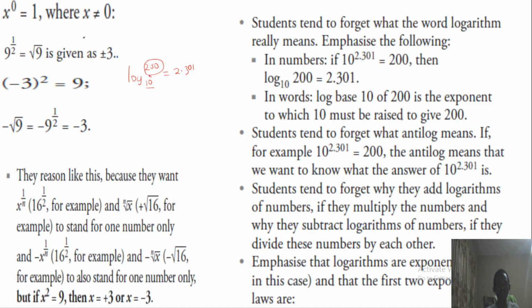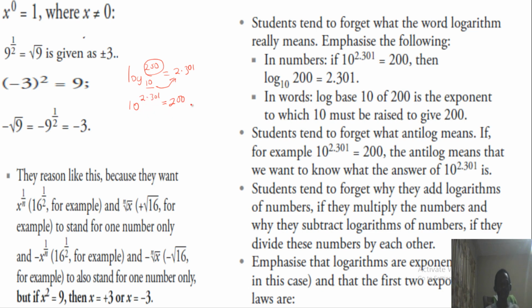Therefore, this base when raised to power the answer, 10 raised to power what you have, automatically will give me 200. And log 200 to base 10 will give me this. Therefore, how do I get 200?